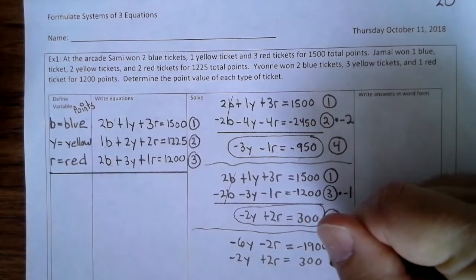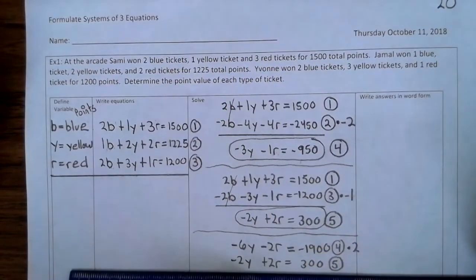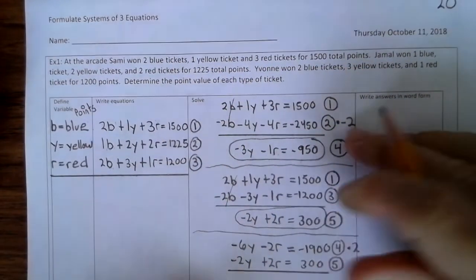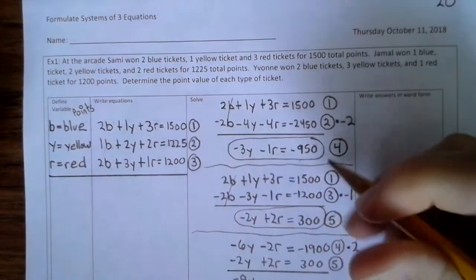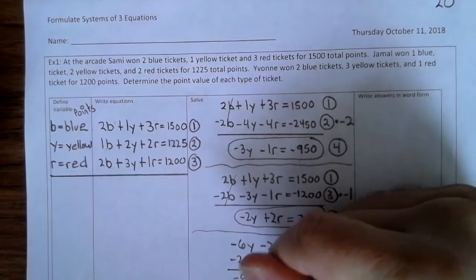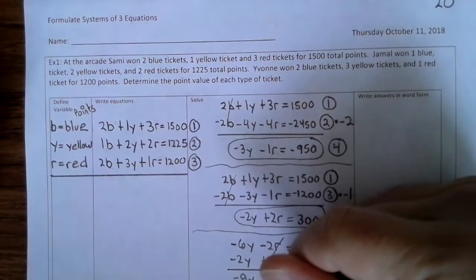And then this is just equation 5 as is. So then that's negative 8y, r's cancel, equals negative 1600.